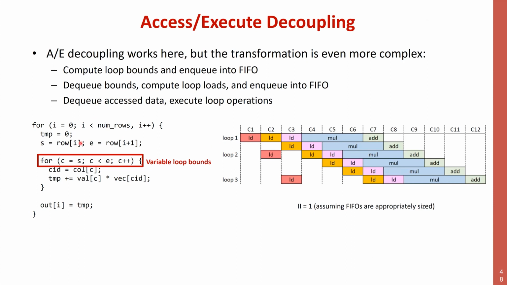We can look at the outer iteration and split this part as an access part, which is exactly what it's doing, doing loads, put these results into a FIFO, and then do this as a separate part that depends on the loads. So split these two parts and connect them with a FIFO.